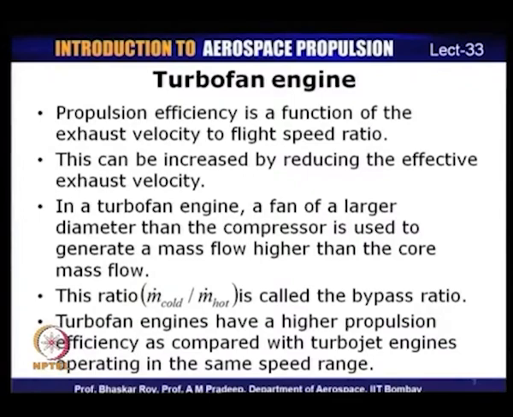So, this bypass ratio for modern turbofan engines can be as high as 6 or even 7, which means that the mass flow which is being generated by the fan is 6 times greater than the mass flow which is passing through the core engine.